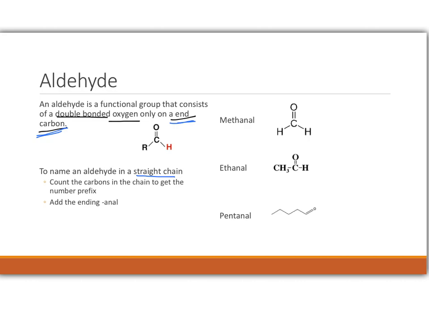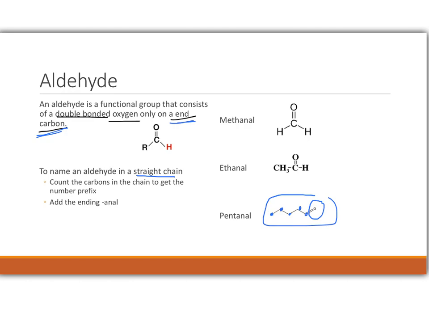And then, just so that you can see the skeleton formatting here, this is pentanal because we have 1, 2, 3, 4, 5 carbons, and then you draw the double bonded oxygen on the carbon where it belongs. We are accounting for shape here, so that would be a bent bond at that carbon, but the reason why we know it's not a 6th carbon is because you have an O at the end of it.